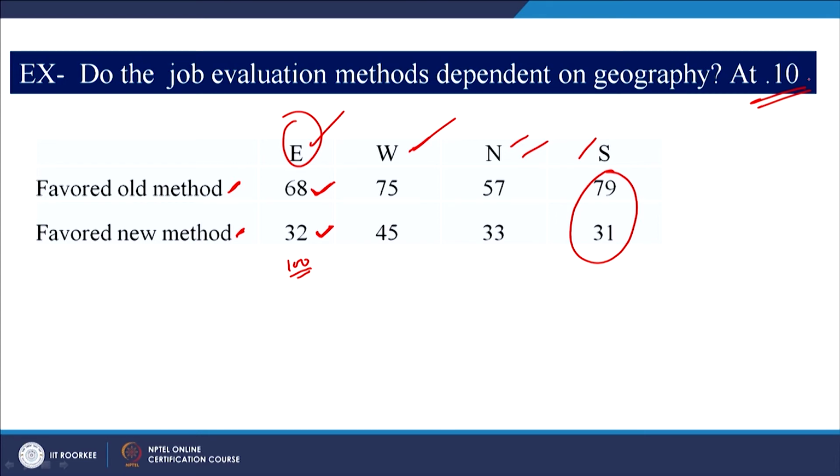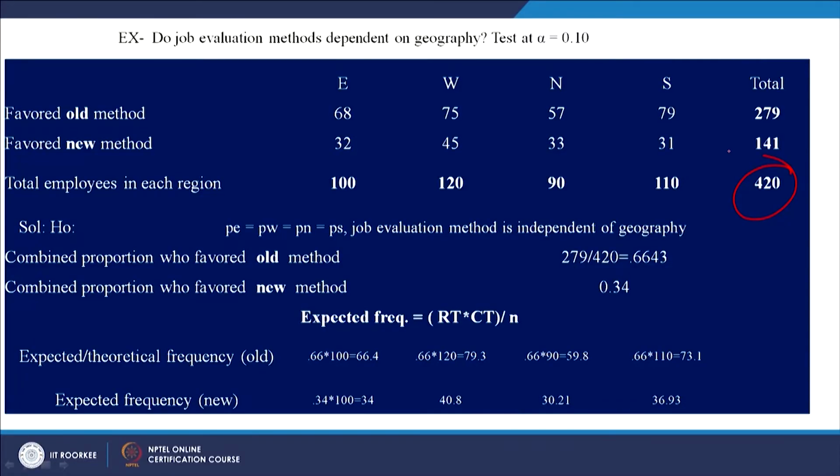So, the question is, are these 4 proportions the same, or we can put it like this: is the proportion of nurses preferring the new method the same across these regions? So, you need to have null and alternative hypotheses. You have contacted a total of 420 nurses, 279 preferred the old method, 141 preferred the new method.